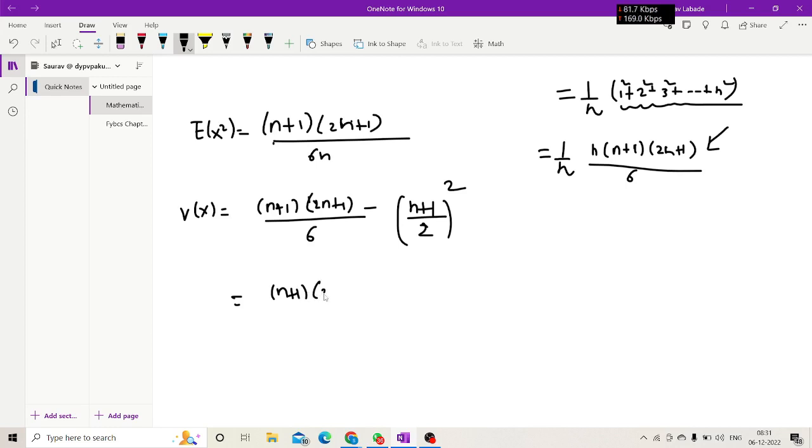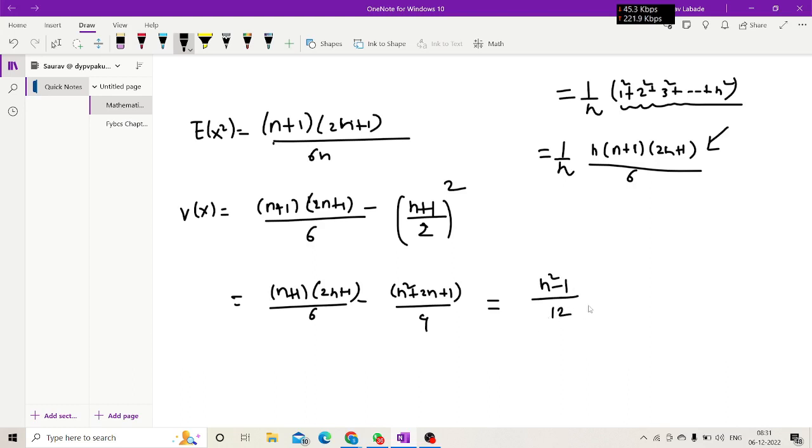Okay. So this is twice n plus 1 divided by 6 minus, do the square of this. So that will be n square plus twice n plus 1 divided by 4. And if you solve this all, your answer will be n square minus 1 divided by 12.